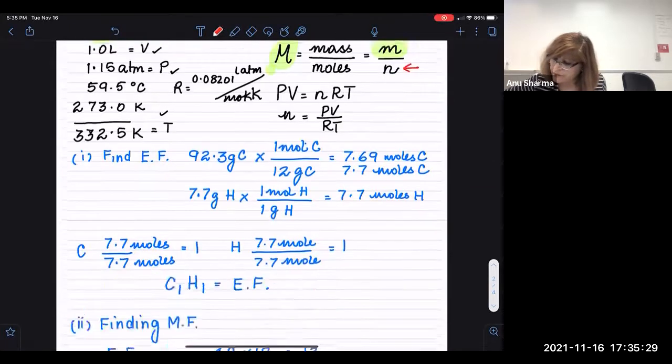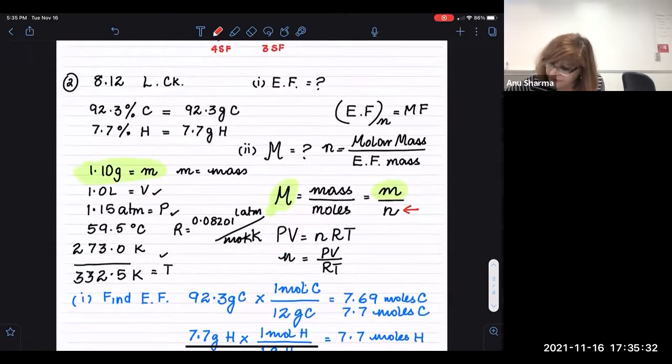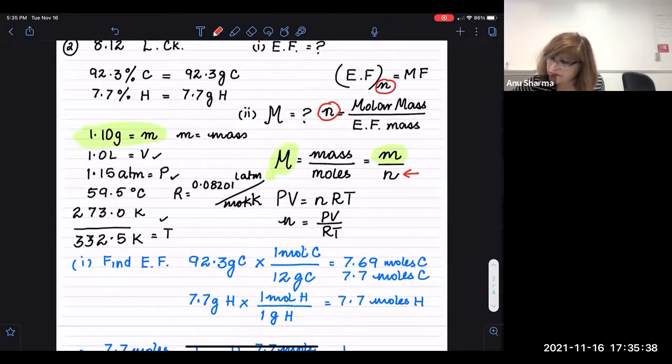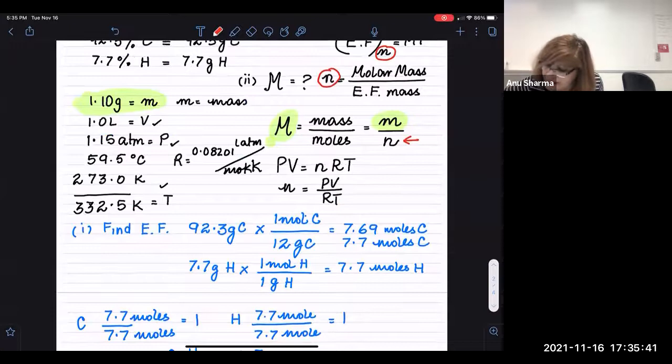This N is different from this N. This N is just a numerical number. Okay, so don't worry about this. I mean, they could have written something else, but they chose to do that. This is the number of moles.